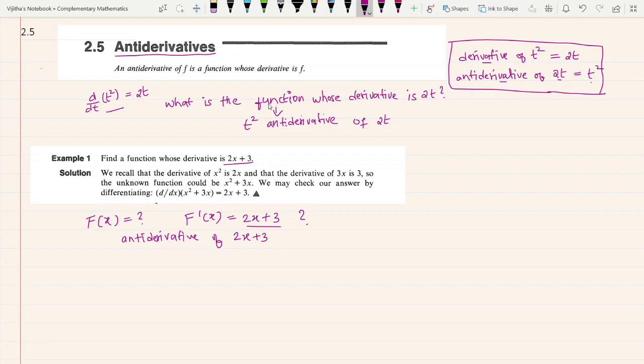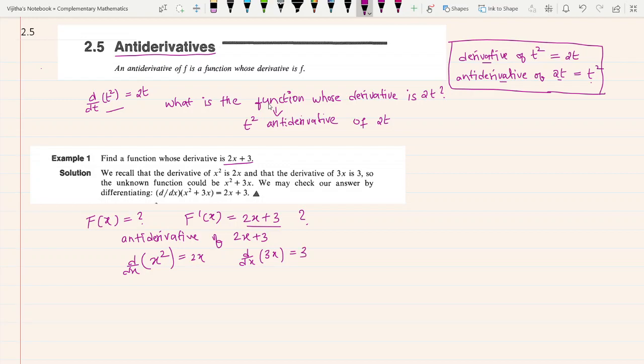What is the function which when differentiated with respect to x will give you the answer 2x plus 3? We know that d by dx of x square is 2x. Also we know that d by dx of 3x is 3.